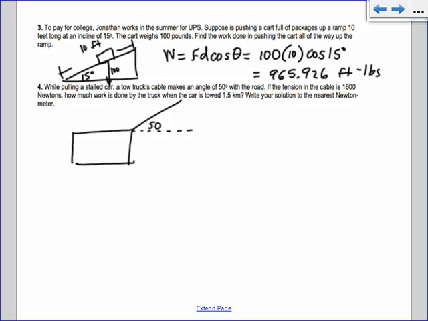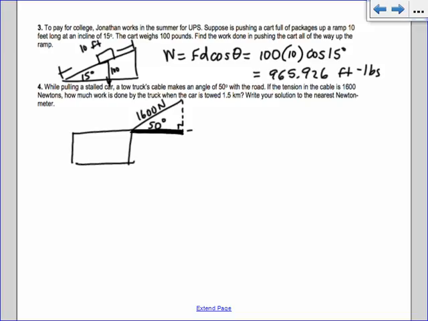And we have a cable that's making an angle of 50 degrees with the road. The tension in the cable is 1,600 newtons. So how much work is done by the truck when the car is towed 1.5 kilometers? Okay, so if you want to find maybe this is kind of the force that we're pulling.